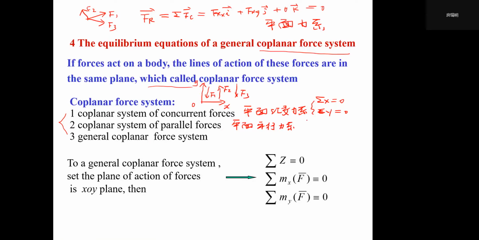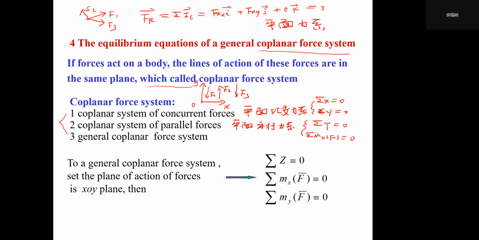So its equilibrium equations will only be sigma Fy equals 0 and what? And sigma MO(F) equals 0.